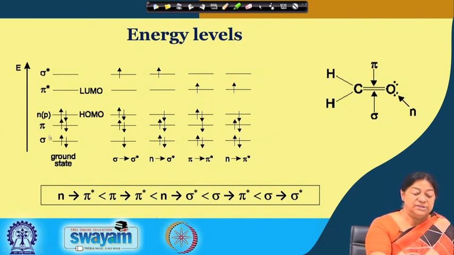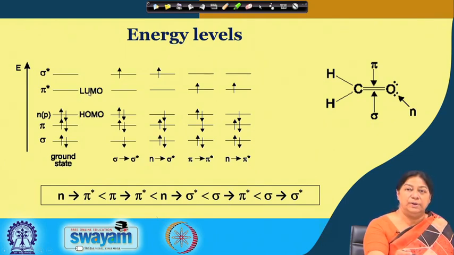We have a ground state here. As you can see, we have the sigma, the pi and the non-bonding. We have the pi star and the sigma star. In the highest occupied molecular orbital and the lowest unoccupied molecular orbital, we can now have electrons go to the different levels.